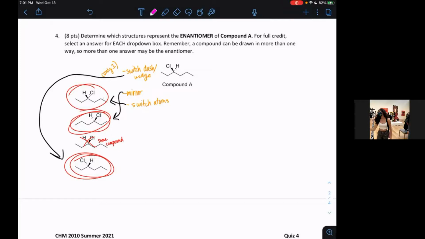So on the quiz, would we just choose one of the ways? Yeah, I think you would just choose whichever you prefer, unless she states to show all 3 methods, which I don't think she will. Or if it's a question like this, you just circle them.